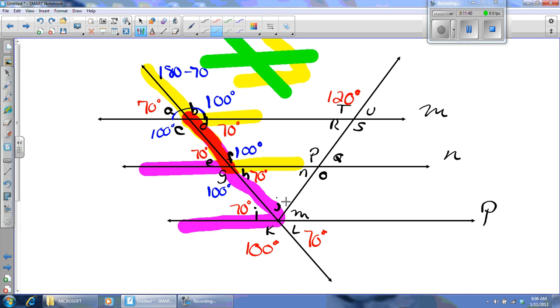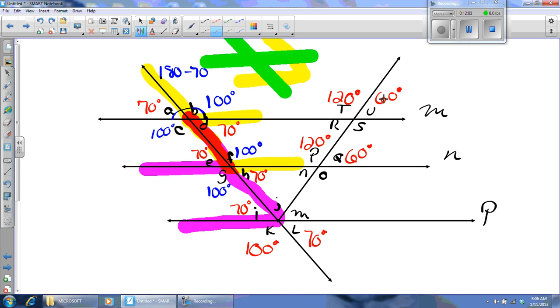Okay, I'm going to hold off on J and M for a minute, and I'm going to come up here and I'm going to fill in that U is 60 degrees. My reason? Supplementary angles. P is 120 degrees. My reason? Corresponding angles. That makes Q 60 degrees. Supplementary angles.